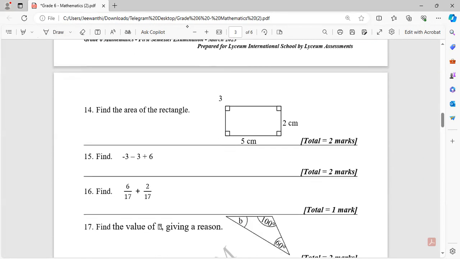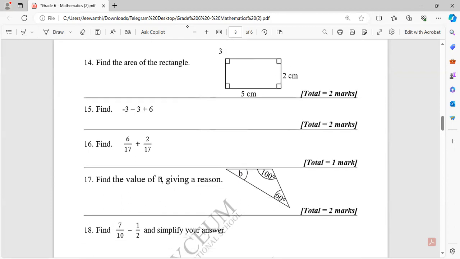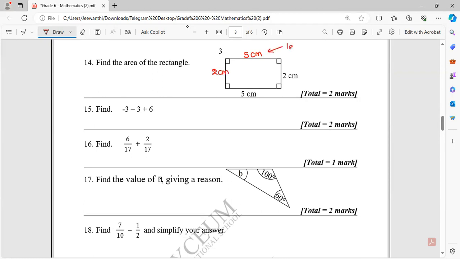So then we will move to question number 14, where you want to find the area. So this is 5 centimeters. This is 2 centimeters. So this is the length. Right? You might think why the teacher is doing all these things. Do we really need to do this? Yes.